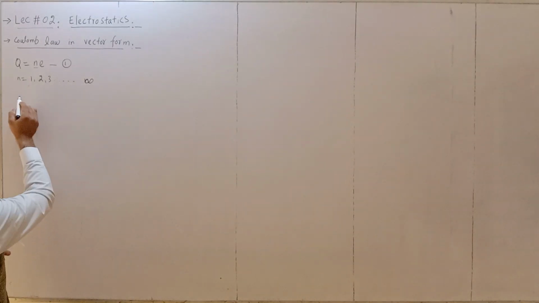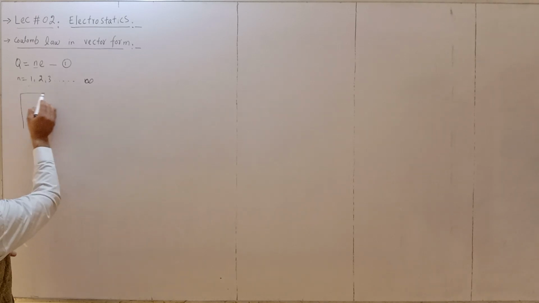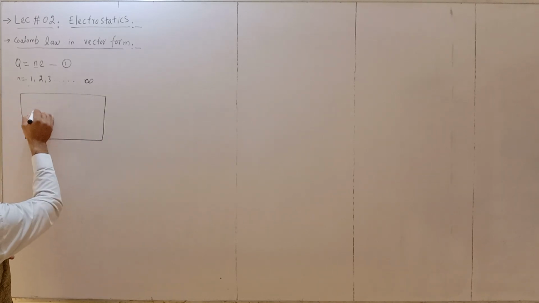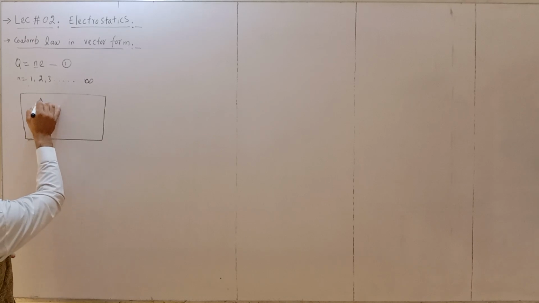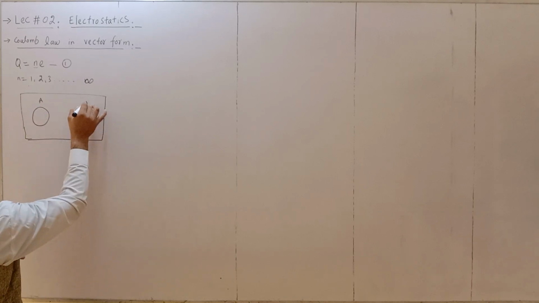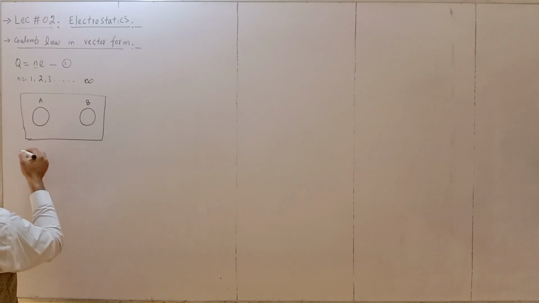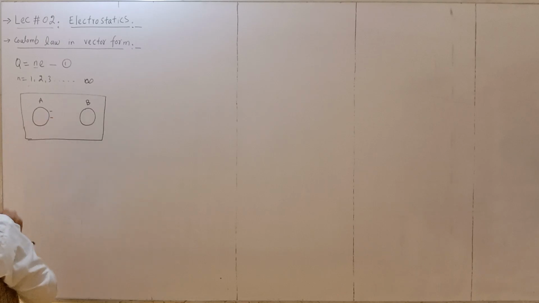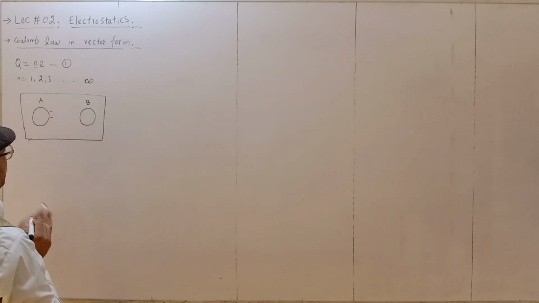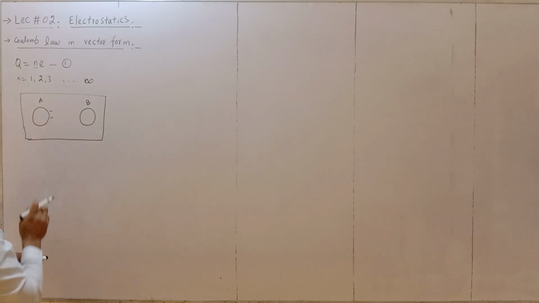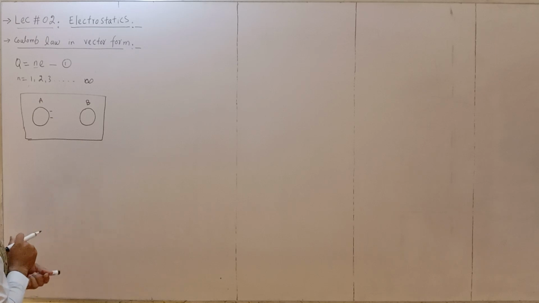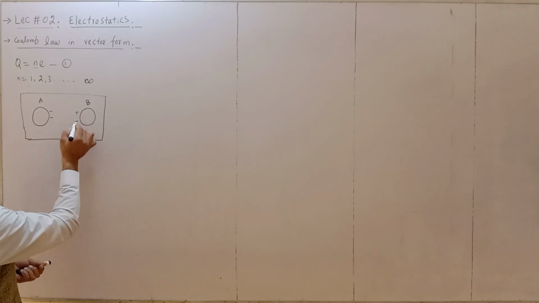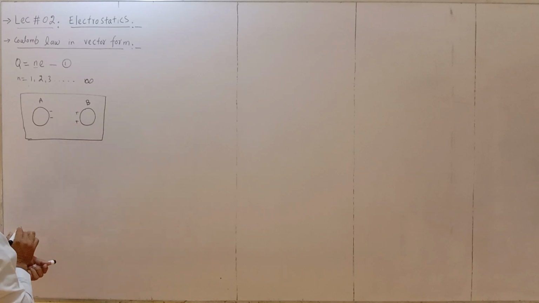Conservation of charge means if I have an isolated system consisting of two bodies A and B, and let's suppose A has a charge of -2. -2 means this body has an excess of 2 electrons, while the other body has a deficiency of 2 electrons.